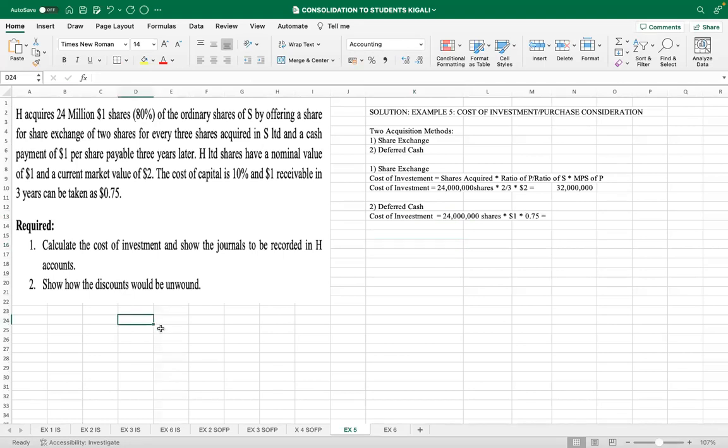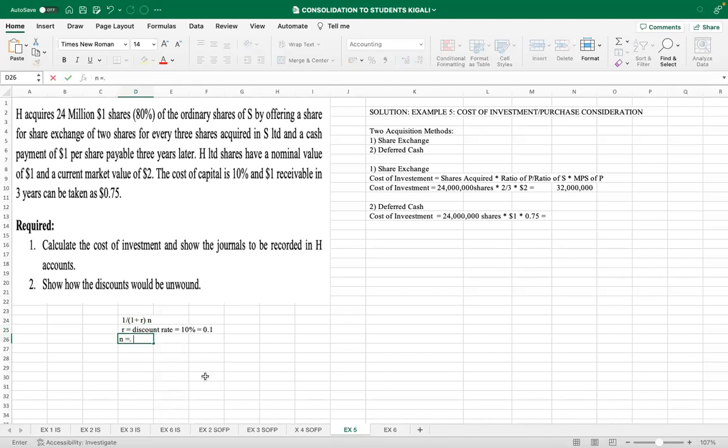But if you have not been given it, you calculate it as 1 divided by (1 plus R) raised to power N, where R is the discount rate divided by 100. R is the discount rate, which in this case is 10%, the same as 0.1 when we divide by 100.